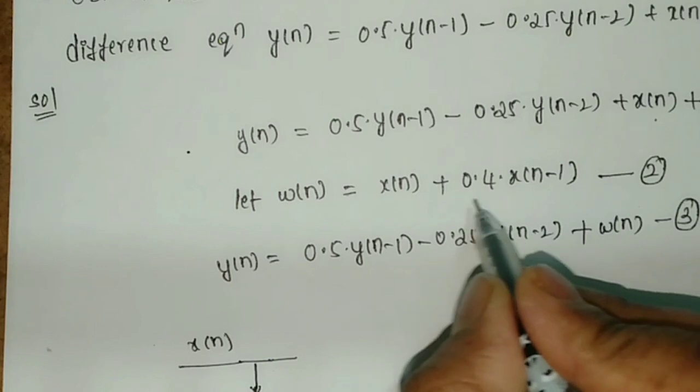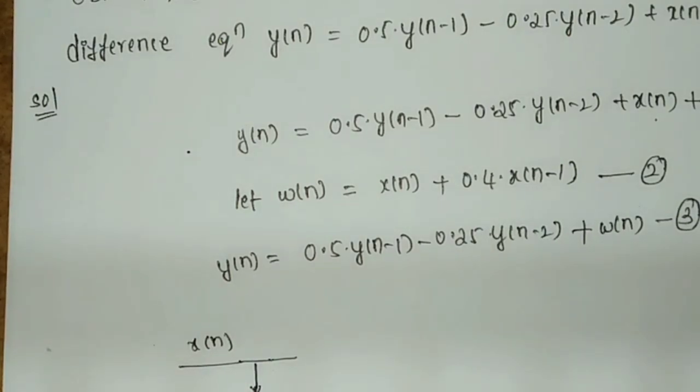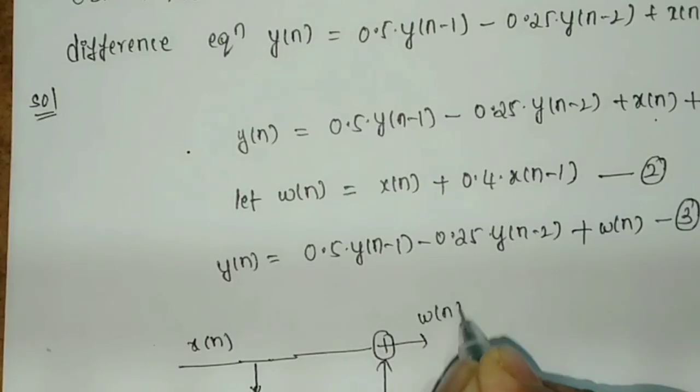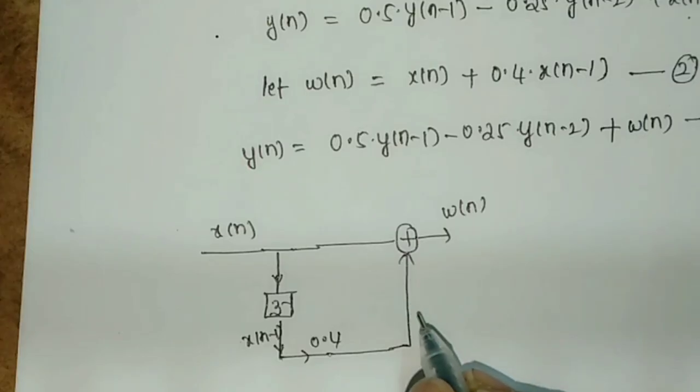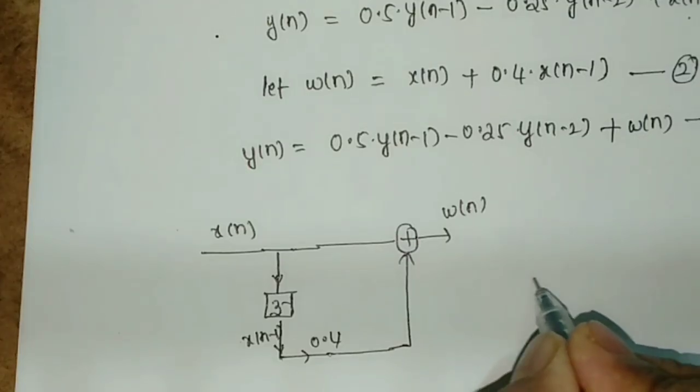It is multiplied with the coefficient 0.4, so here you write 0.4, and this is going to be added at this point, which gives you w of n. So this is w of n. This is equation number 2.